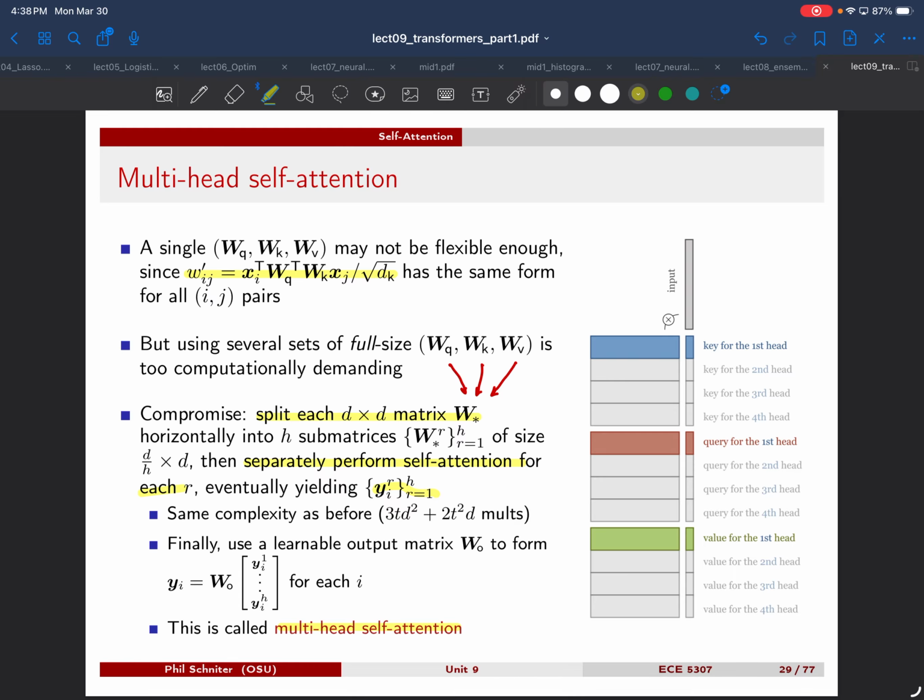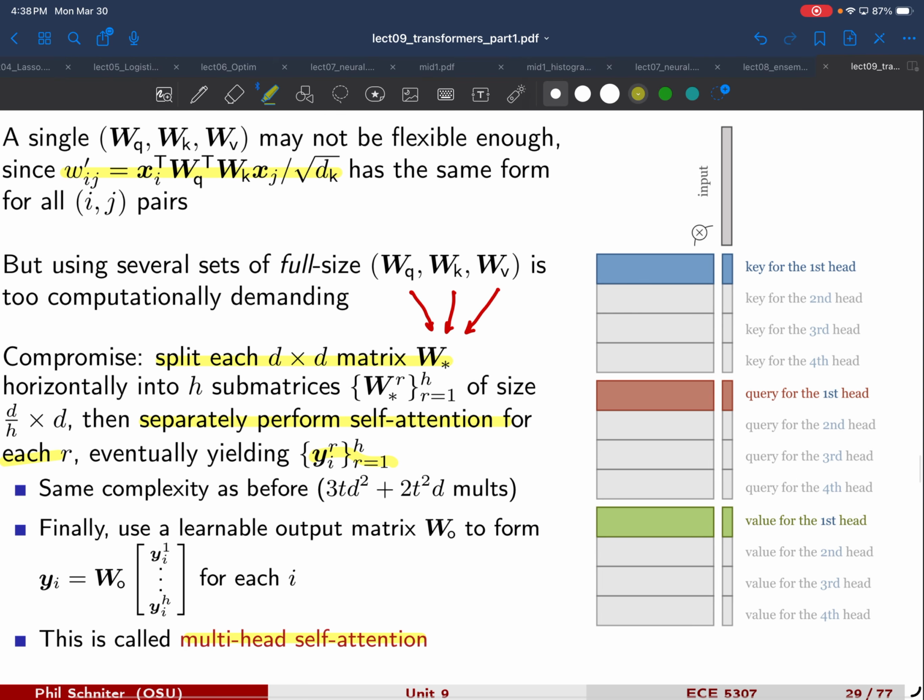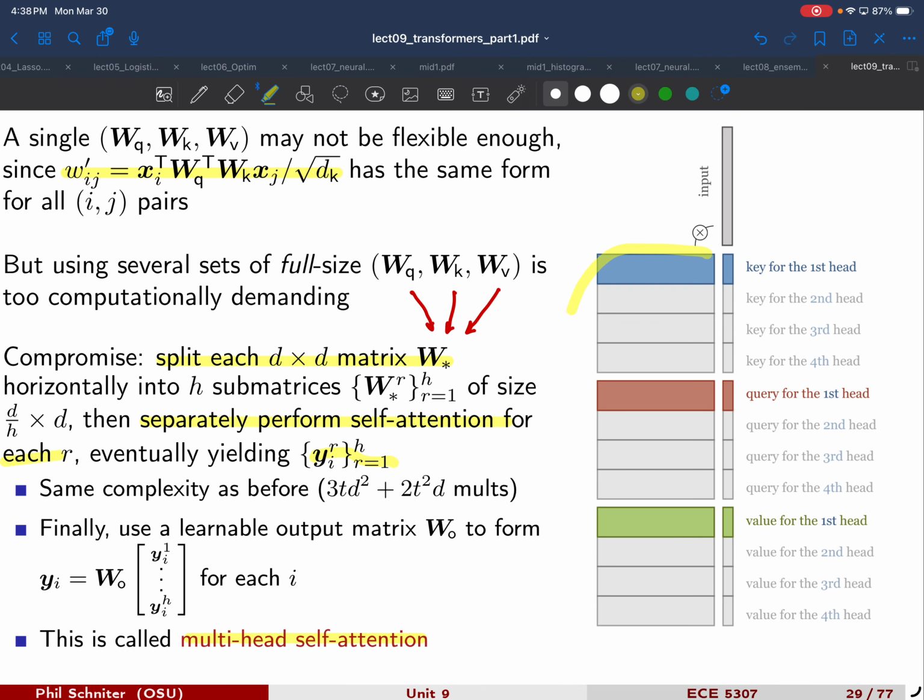Okay, so this is just a picture showing the transform for WK. This is split 4 ways.